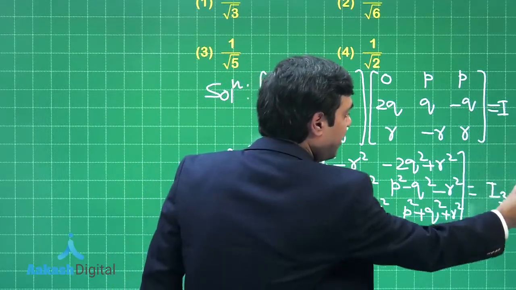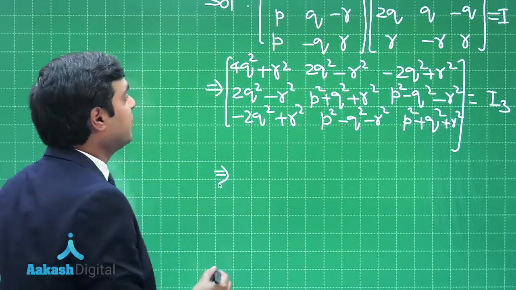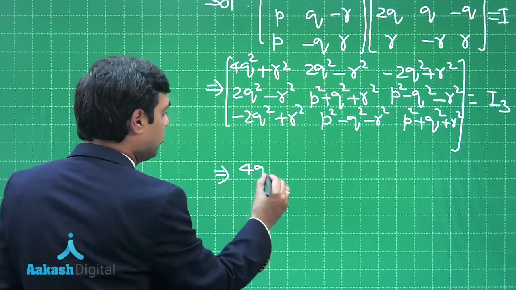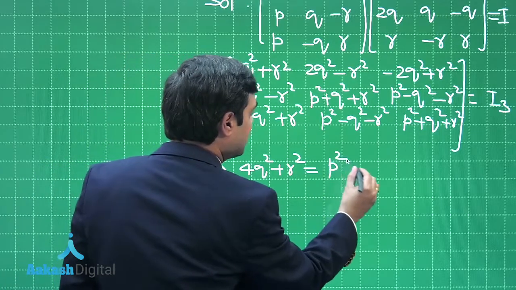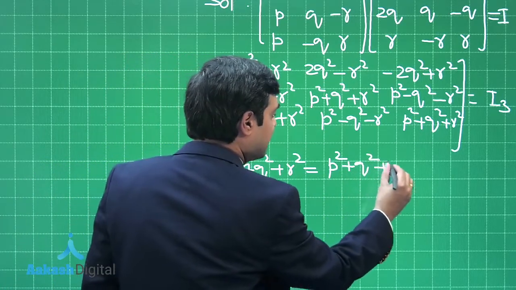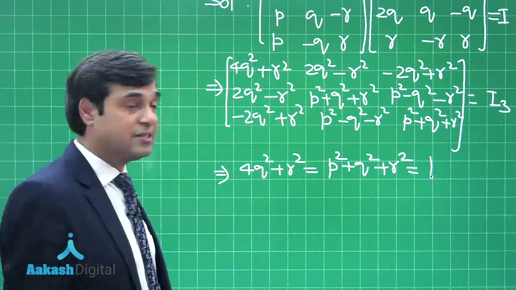Now comparing the terms in different cells, we have the result with us 4q square plus r square is equal to p square plus q square plus r square is equal to 1 from the diagonal entries.